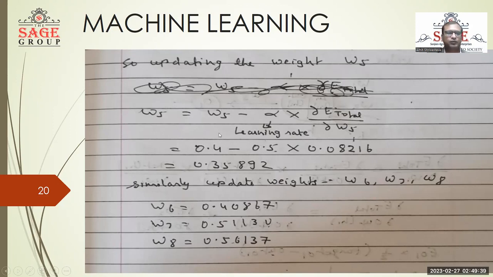We put in the values: W5 is 0.4 minus 0.5 times the term we have just calculated. We multiply it and we get the updated weight of W5 as 0.35892. The previous weight was 0.4, right? In a similar fashion, we can also update the weights W6, W7 and W8.